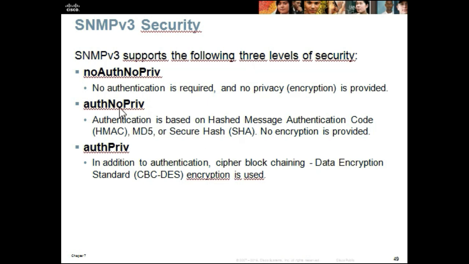Okay, but in this case, there is no encryption. We just require the authentication. The highest level of security for SNMP v3 is both authentication and privacy lah. So in this case, dia punya encryption is using cipher block chaining.